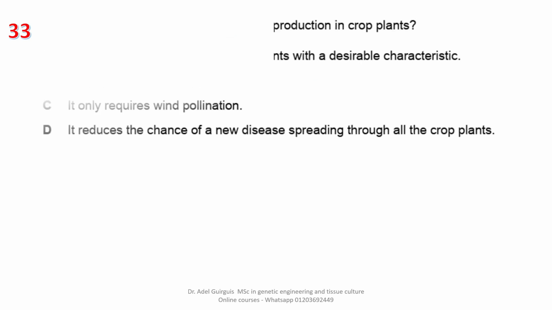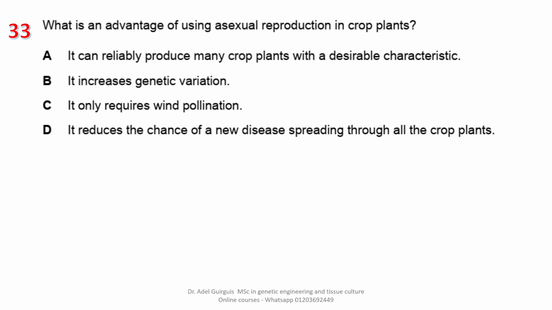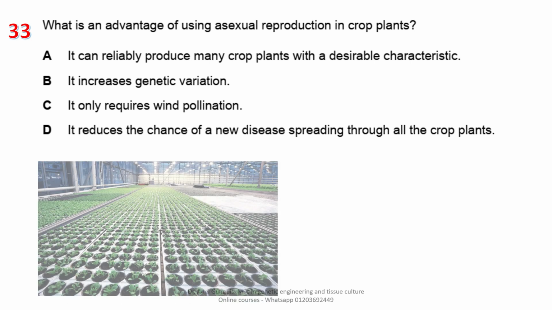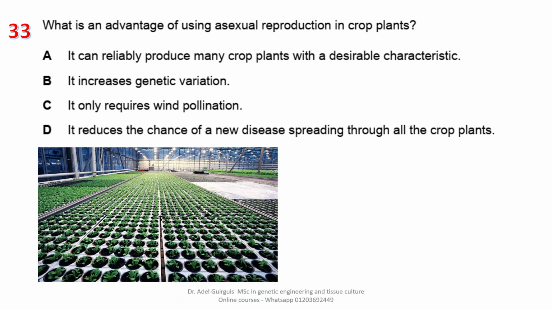Number 33. What is an advantage of using asexual reproduction in crop plants? A, it can reliably produce many crop plants with a desirable characteristic. Letter B, it increases genetic variation. C, it only requires wind pollination. Letter D, it reduces the chance of a new disease spreading through all the crop plants. Look at this farm.